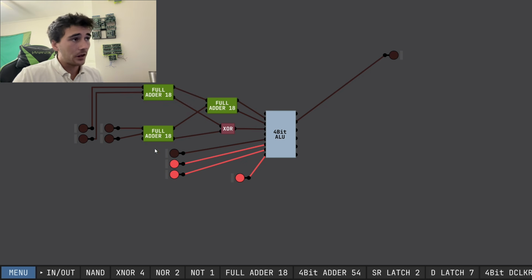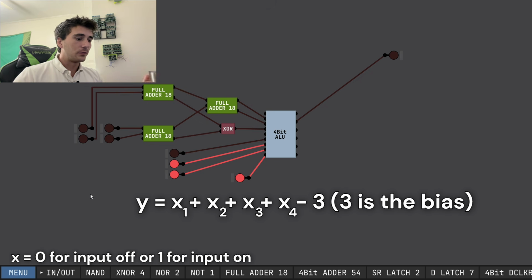But this model right here can tell us if 3 or more of these inputs are on at any given time, and that's given by this standard algebraic equation. I'll put it up on the screen right here. It's y equals x1 plus x2 plus x3 plus x4 minus 3. And we have the 3 right here.